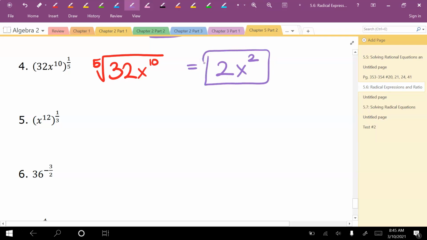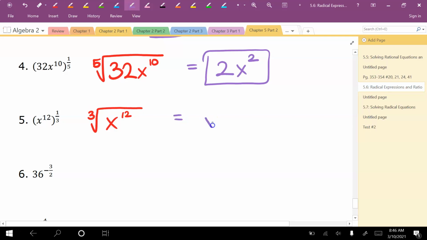Okay, you try number 5, that bottom one on that page. So you should have had the 3rd root of x to the 12th power.